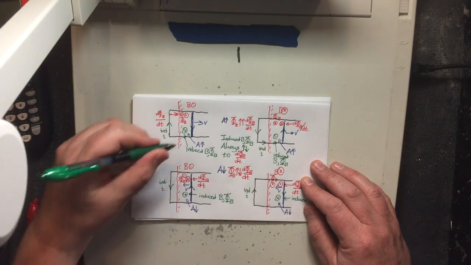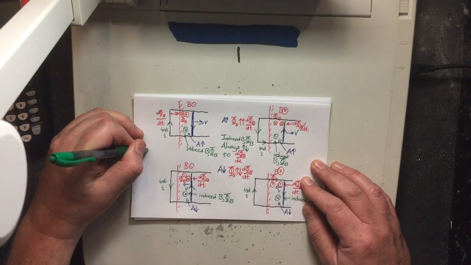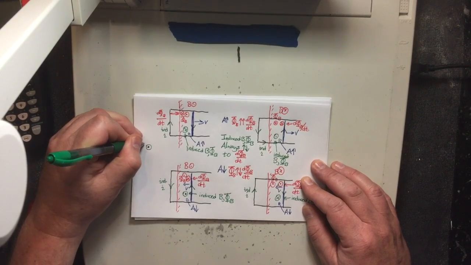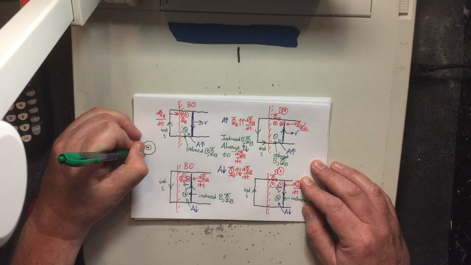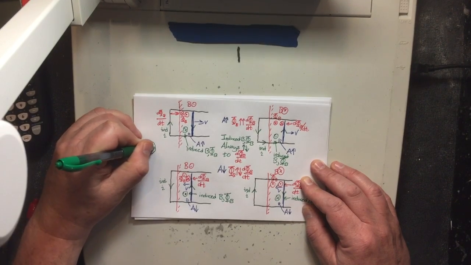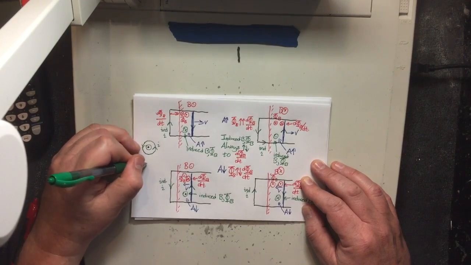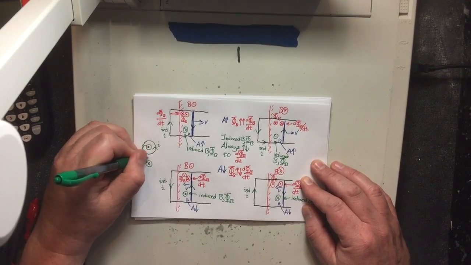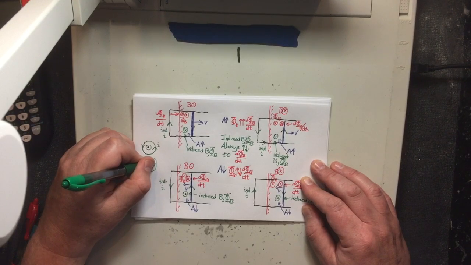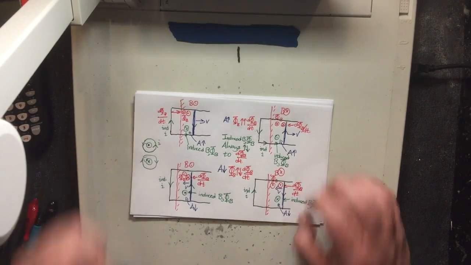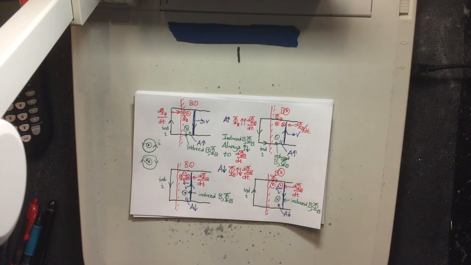And you could typically say that if you've got the B field coming out, you have to have a counterclockwise current. To get the B field to go in, you have to have a clockwise current. That's for both of the types. Yeah, this works for both.